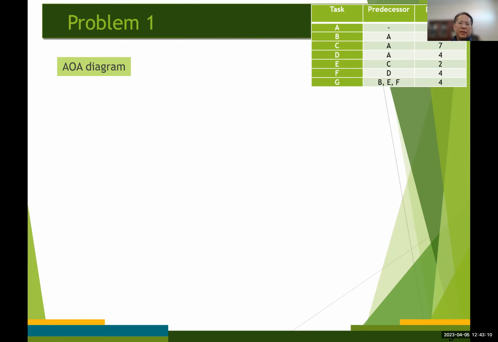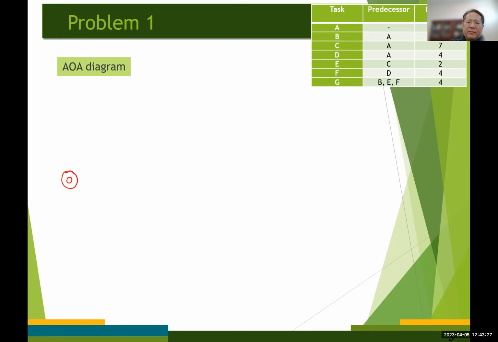In the AOA network diagram, usually node 0 represents the start of the project, right? So I'm gonna have node 0 down here.